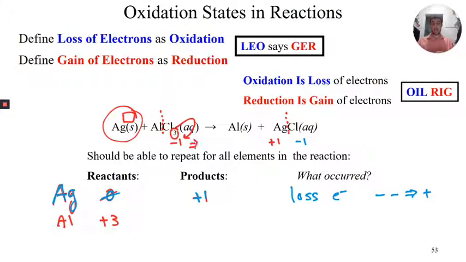The aluminum had to balance it. Chloride's contributing -3 to the overall system, which means aluminum has to balance that as a +3. Aluminum on the product side is by itself. There's a 0. So we go from a +3 to a 0, or we reduced the number. We reduced the number because we gained electrons. That's our reduction.